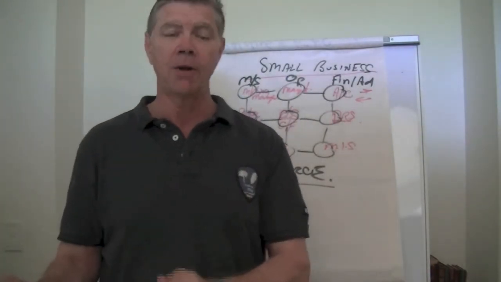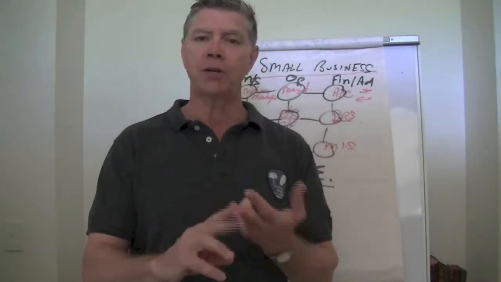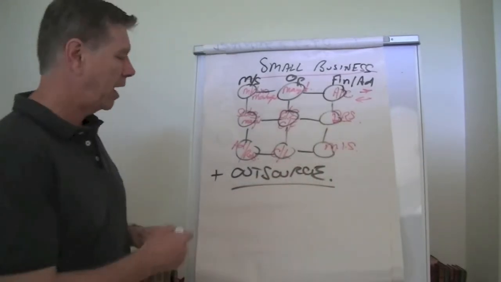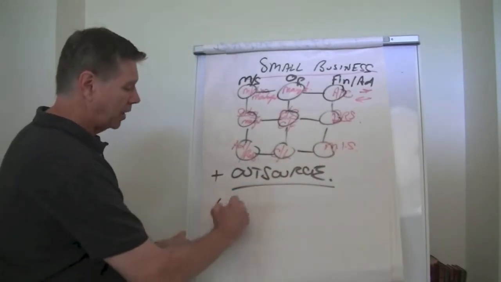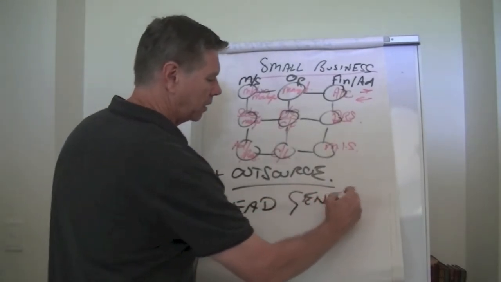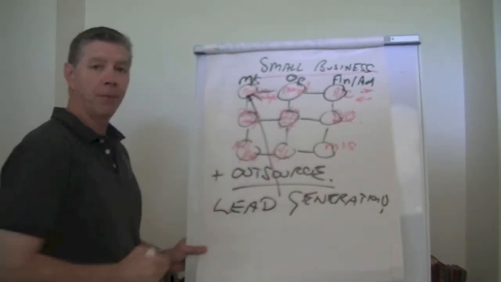Now, having said that, there are generally 3 functions in a business that flow through this organizational chart. And they are those 3. One is lead generation, which is a function of the marketing.